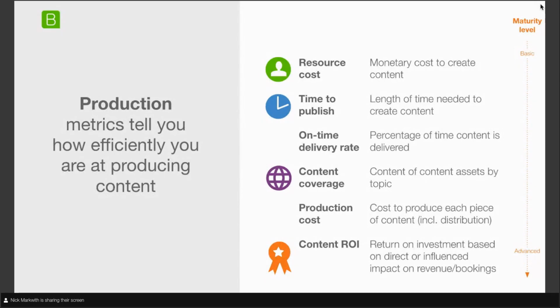Content coverage, and this does require you organizing and categorizing your content in different ways, whether it's through pillar clusters, or topic pillars, or topic clusters, but really understanding what topics are being covered, tying those topics to performance and audience engagement, so that you understand how many content assets you have per topic, how well each topic's performing, and really the shelf life of some of the content.